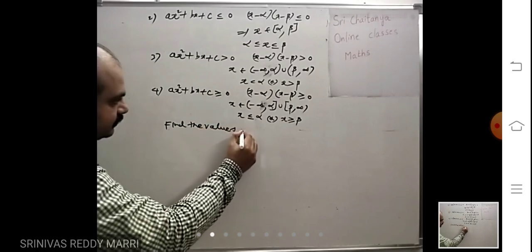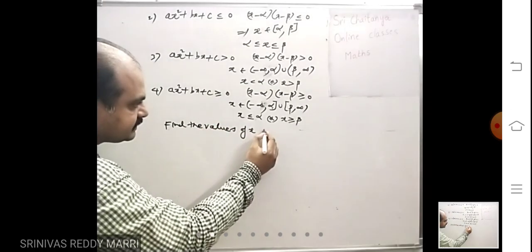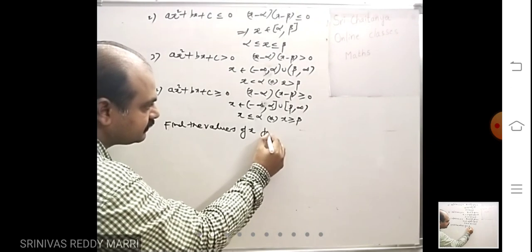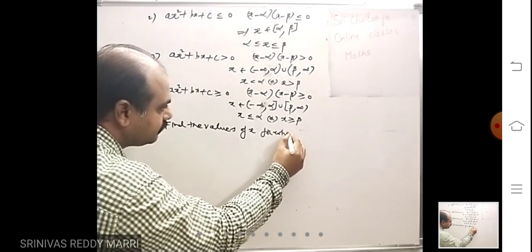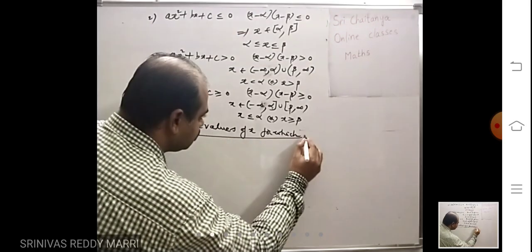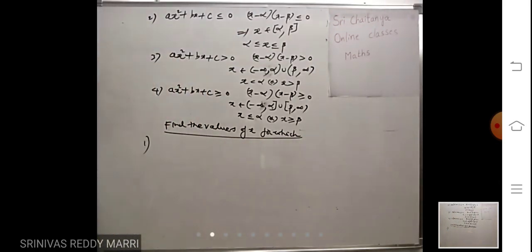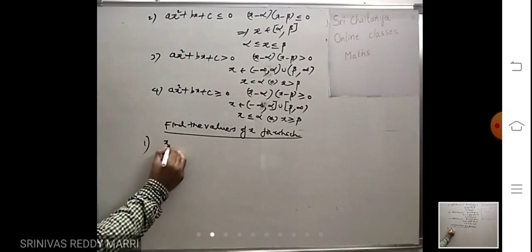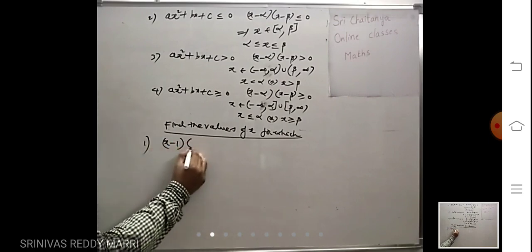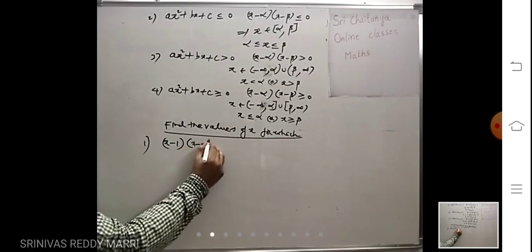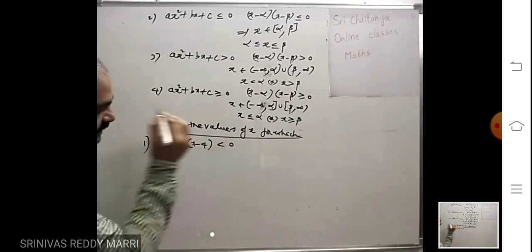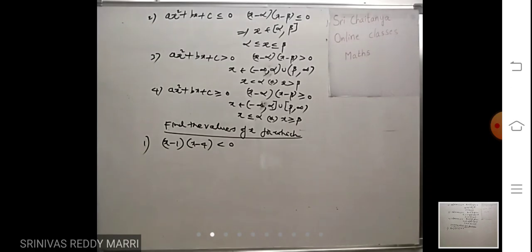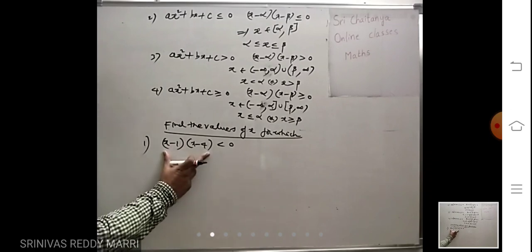Find the values of x for which, first question: x minus 1 into x minus 4 less than 0. All of you listen carefully. Already factorized form only is given.